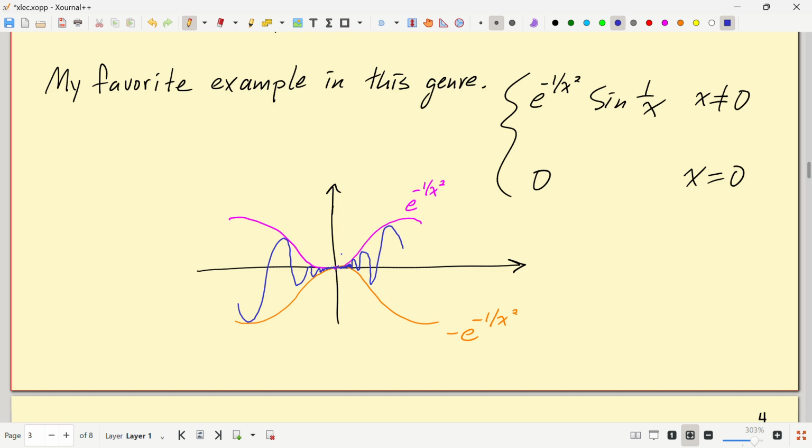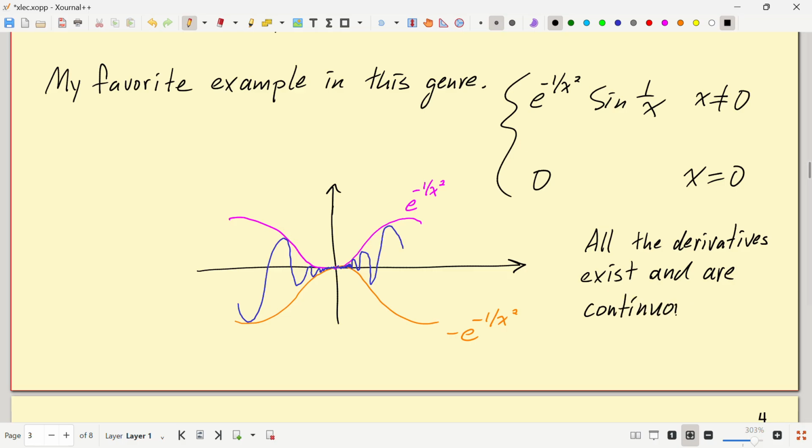And in fact, all the derivatives exist, including the ones at 0, and are continuous, even at x equals 0. There's some work to do to actually show that.